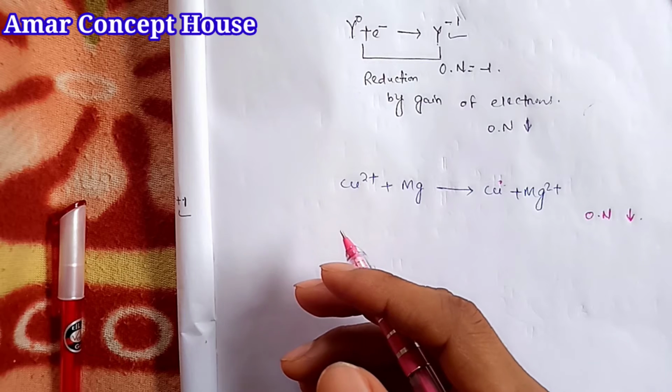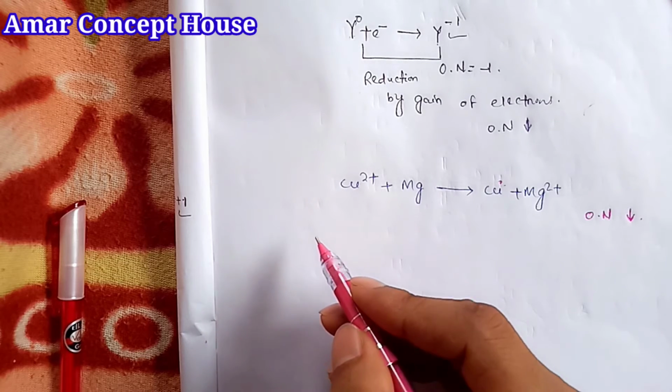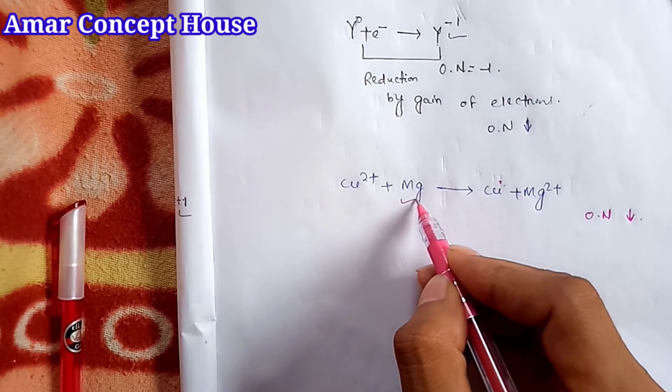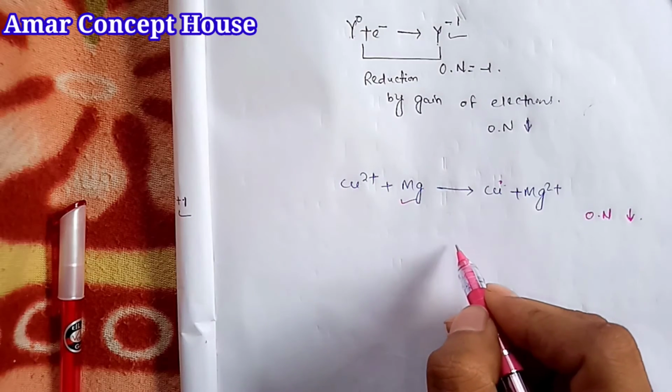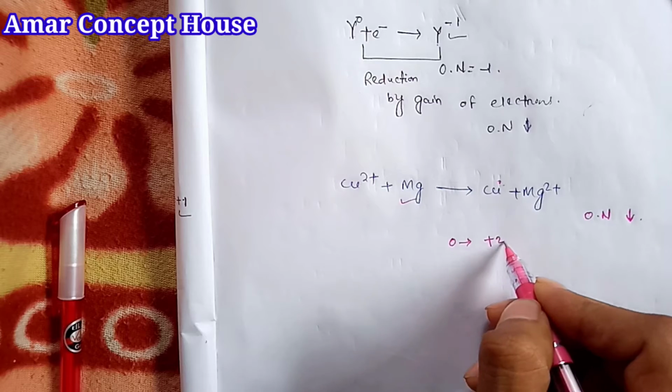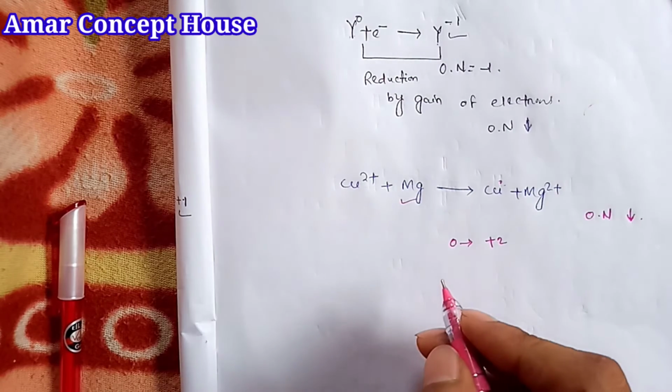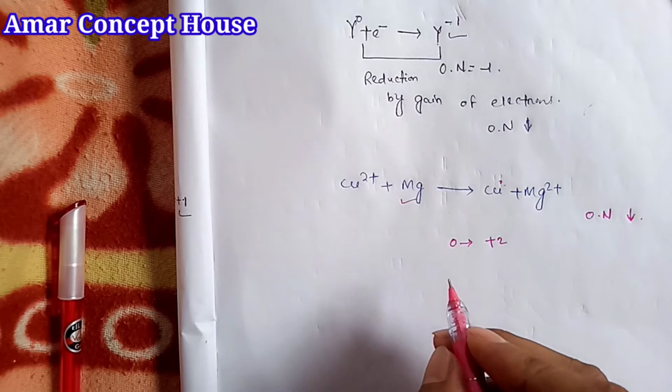Clear? Who loses the 2 electrons? Magnesium. Here magnesium loses 2 electrons, 0 to +2. That means loss of electrons, and loss of electrons means the oxidation number increases.